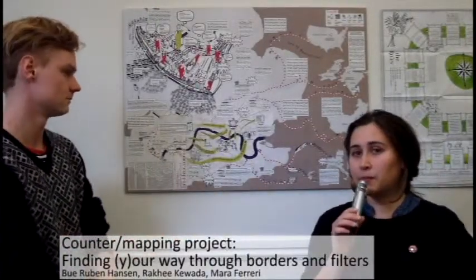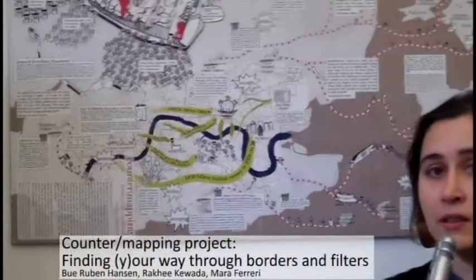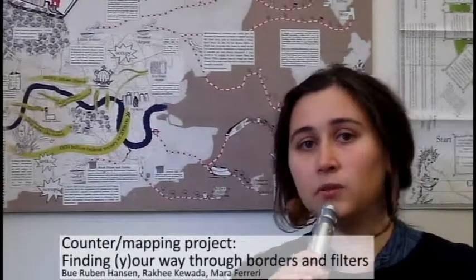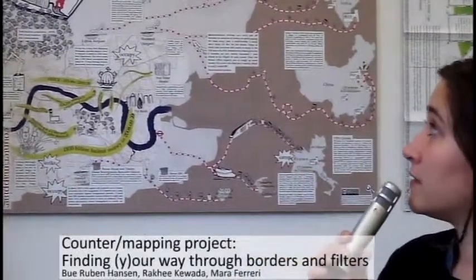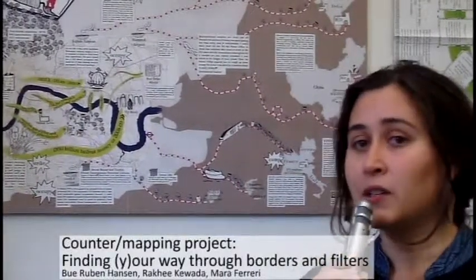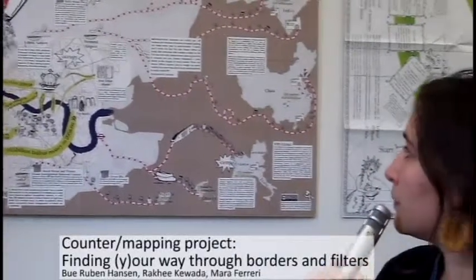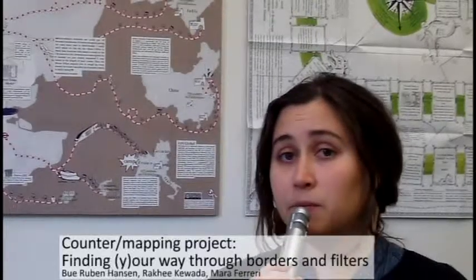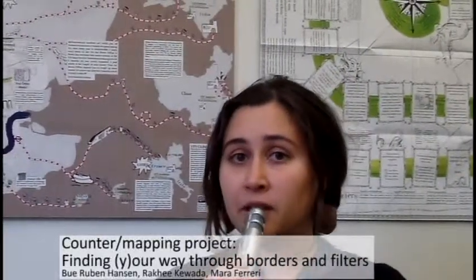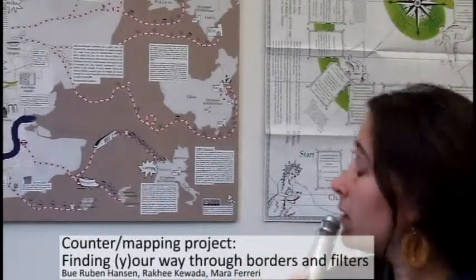For us it's a counter map in the sense that it visualizes and makes visible issues that are normally not visible when we think about universities, such as the salaries of the people who are employed there, or how much of the overall budget comes from international students. But also, as we'll be seeing with the game, how difficult it is for international students at the very same time to access higher education institutions in the UK.